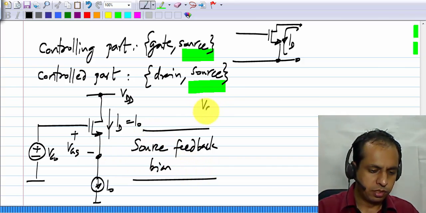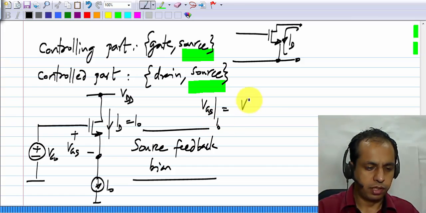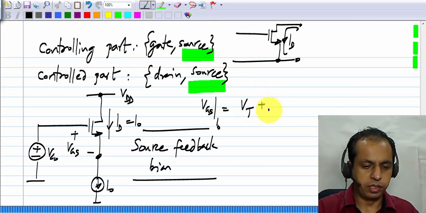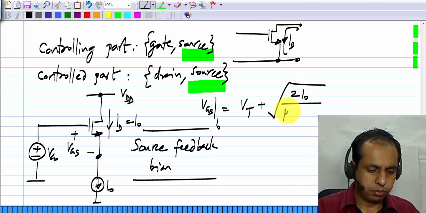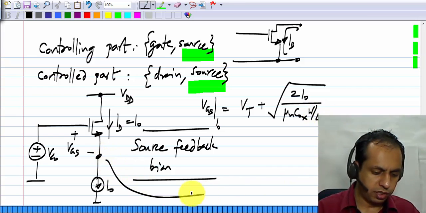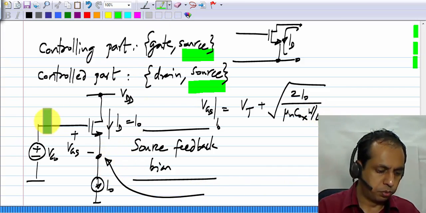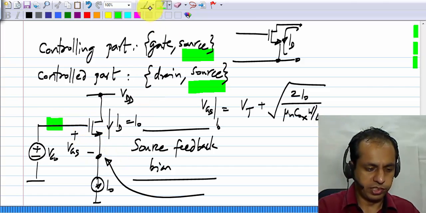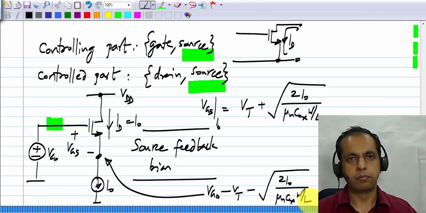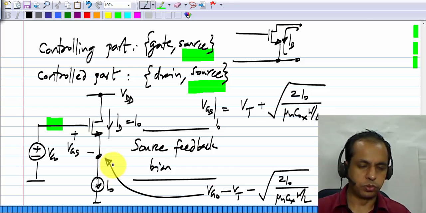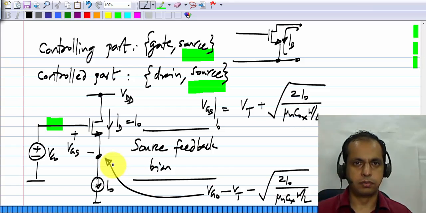So VGS to carry a current of I0 is the threshold voltage Vt plus square root of 2 times I0 by mu n Cox W by L. So the source voltage here is this fixed voltage VG0 at the gate minus VGS, which is VG0 minus Vt minus square root of 2I0 by mu n Cox W by L. So eventually the source voltage reaches the correct voltage.